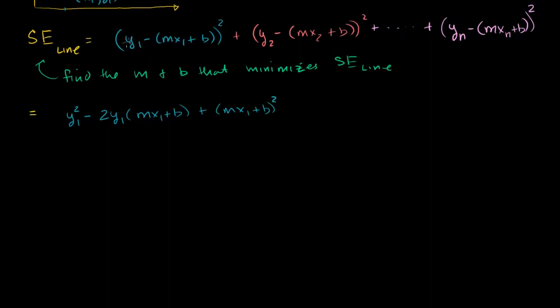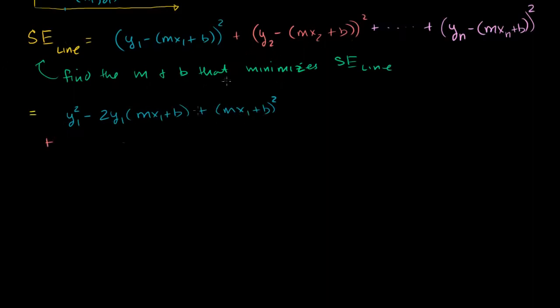You can imagine, if this was a minus b, it would be a squared minus 2ab plus b squared. That's all I did. Now I'll just have to do that for each of the terms, and each term is only different by the x and y coordinates. So the next term, I'll write it down so that we can combine like terms.